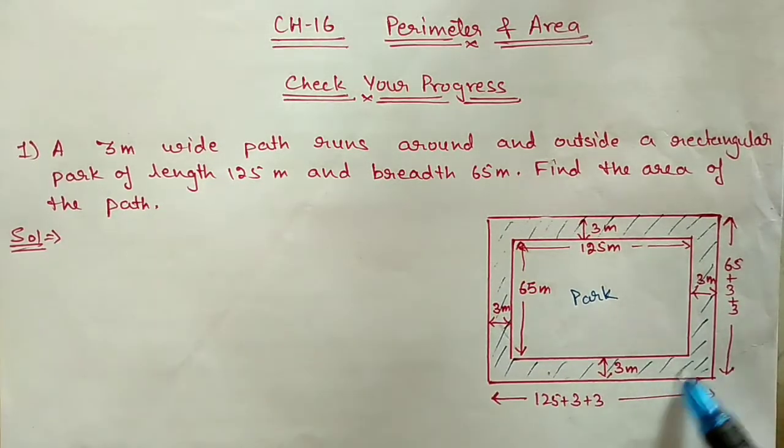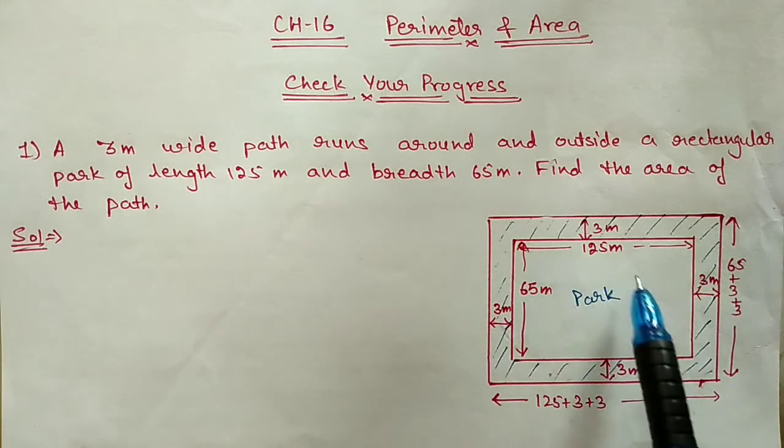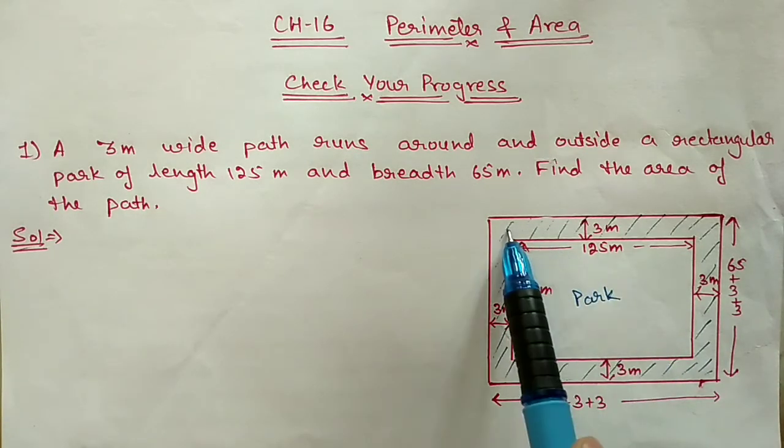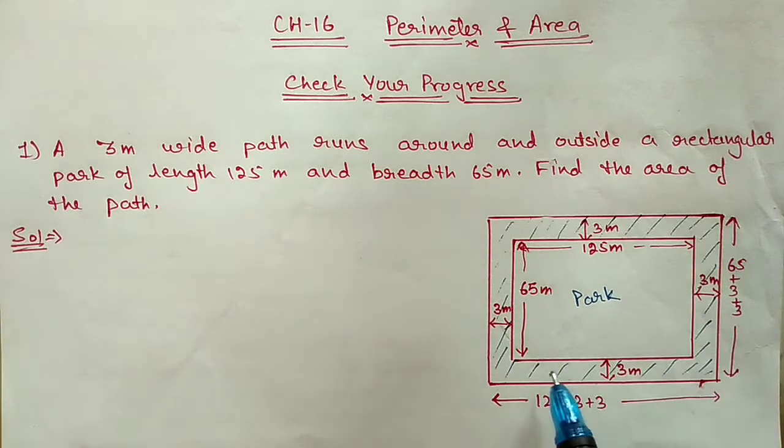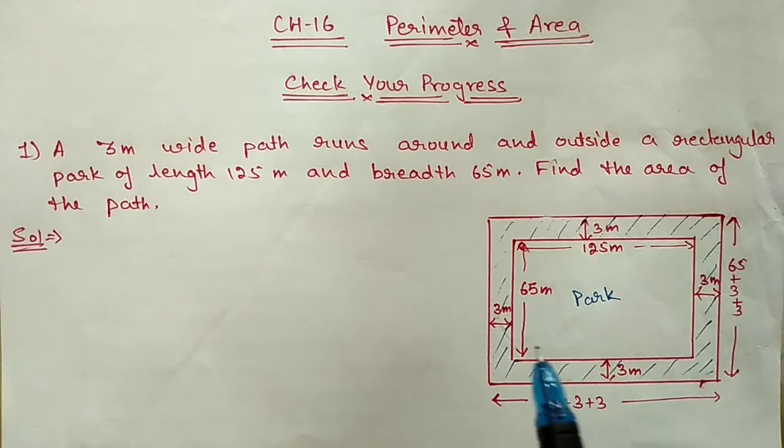In this figure we have two rectangles, one is this bigger one and one is this smaller one. So from this bigger one, if we remove this inside rectangle, then we will get only the area of this path. So first we will calculate the length and breadth of the outer rectangle.